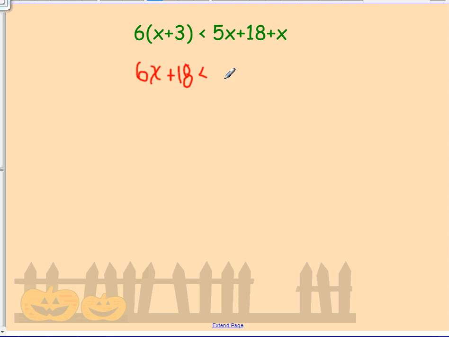All right, so I distributed first on this side. Now I'm going to do 2 steps kind of at once. I'm going to combine the x's on this side so it makes it a little easier.